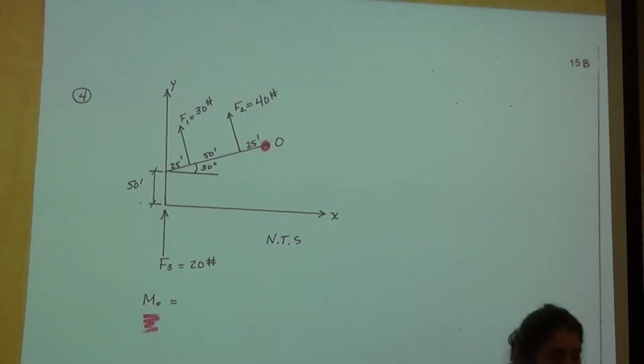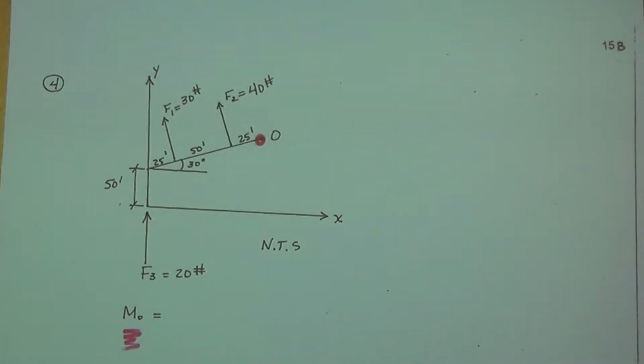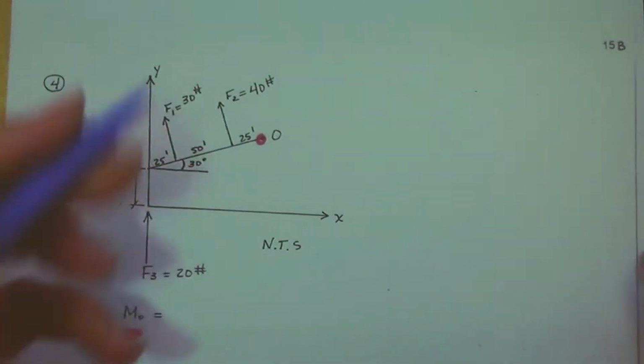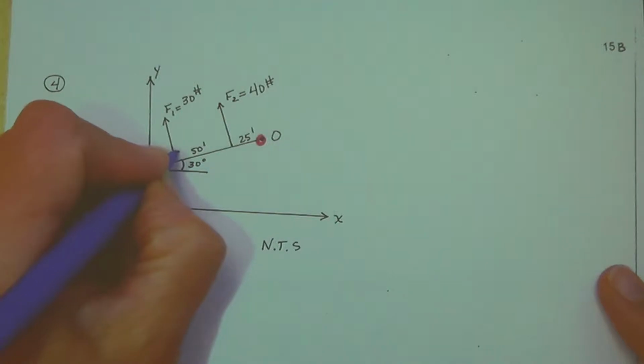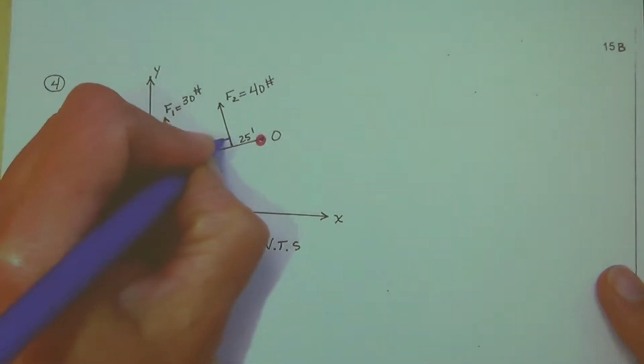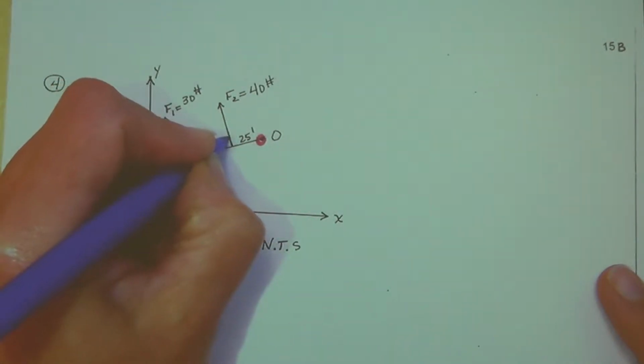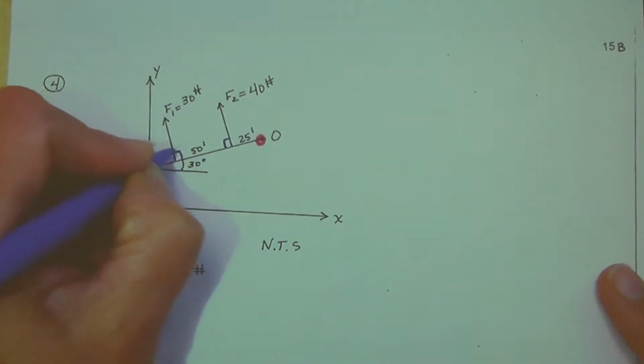And let me put 2 little marks in here that you should add. These 2 forces, F2 and F1, are perpendicular to that line.